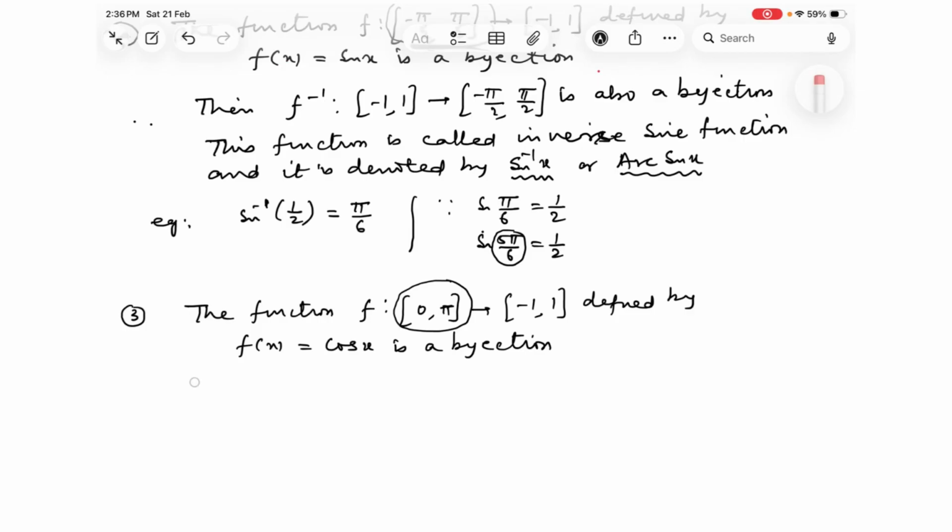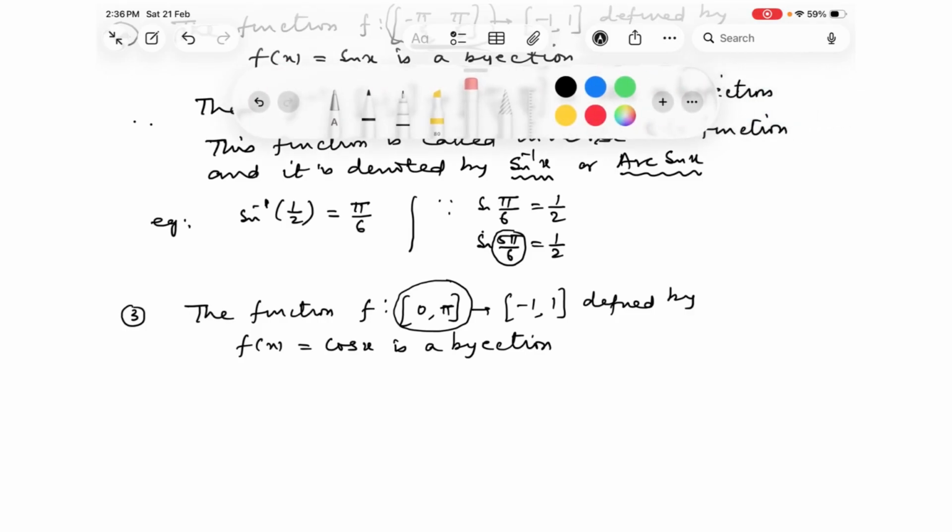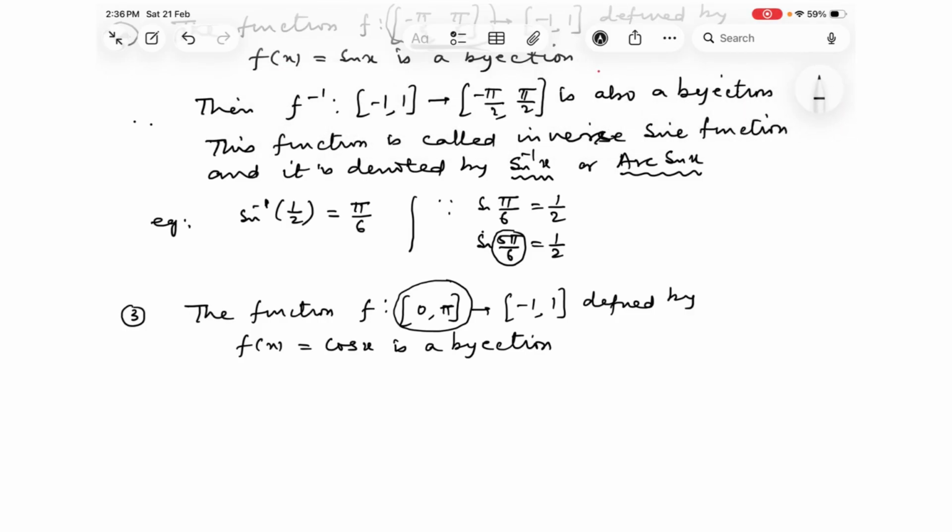Then f inverse from the closed interval minus 1 to plus 1 to 0 comma pi is also a bijection.